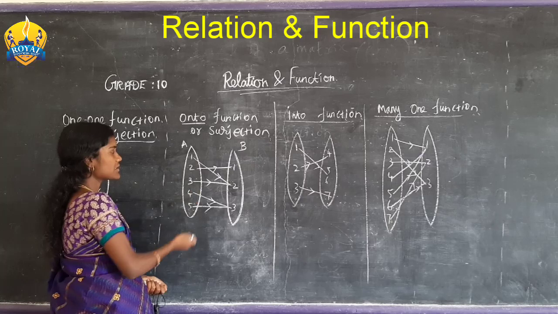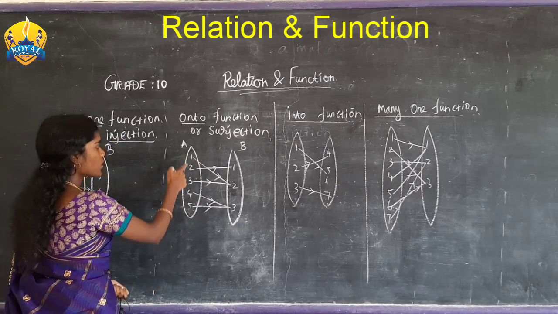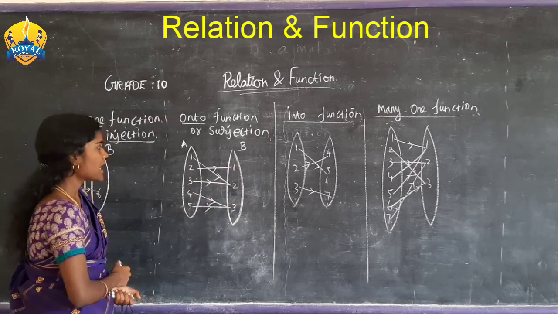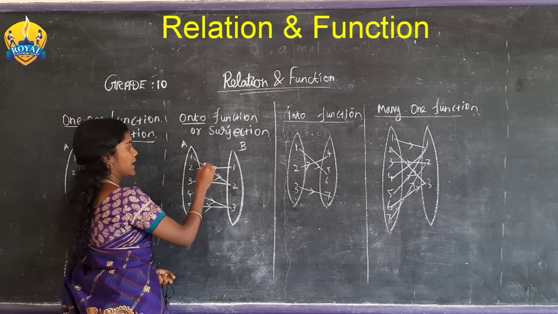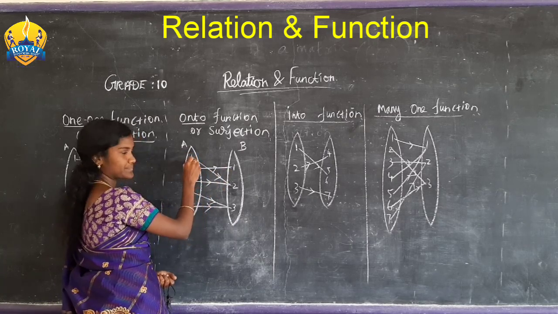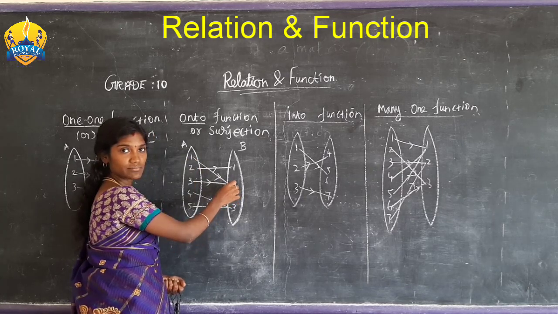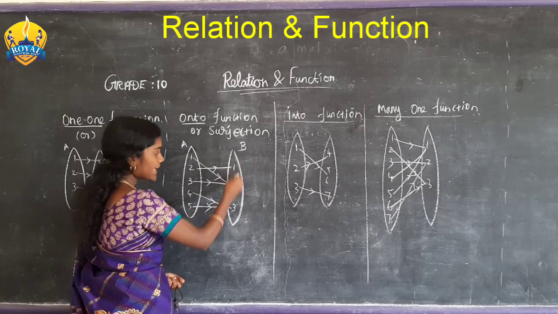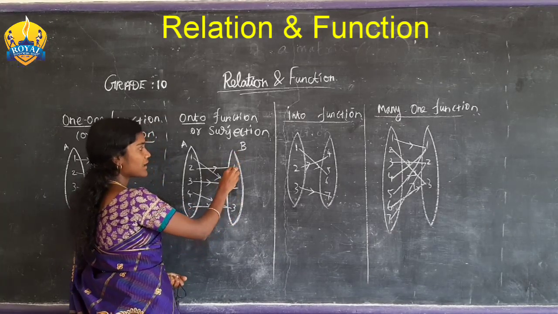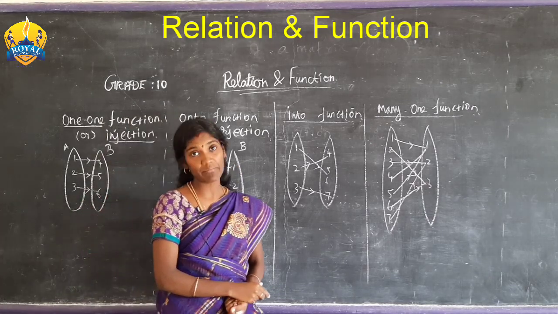See the picture, here two non-empty sets like this, the elements 1, 2, 3, 4, 5 in A and the elements 1, 2, 3 in B. Here one element in A has one image, but on this side an element in B has two or more pre-images.